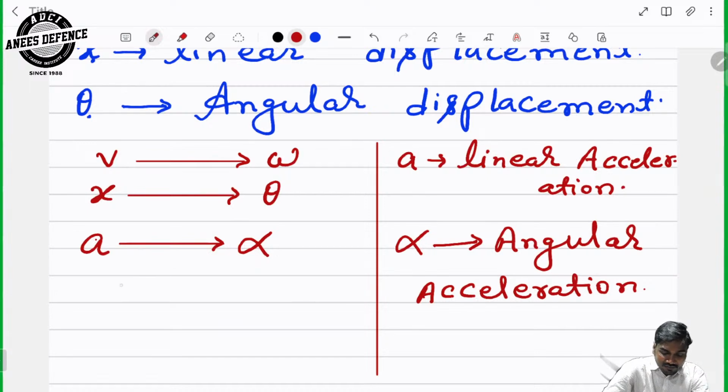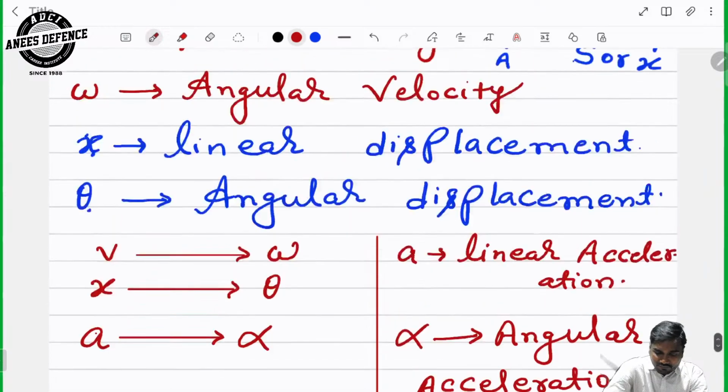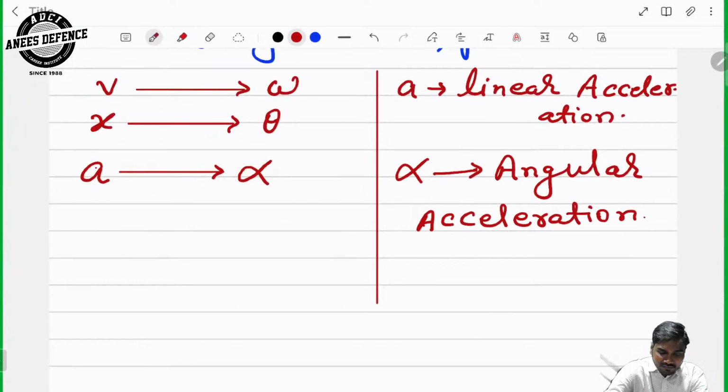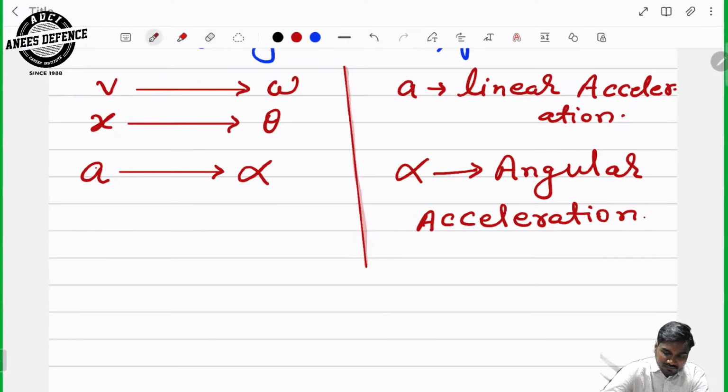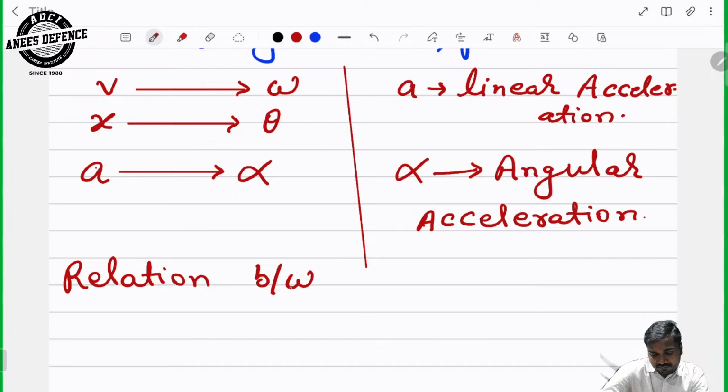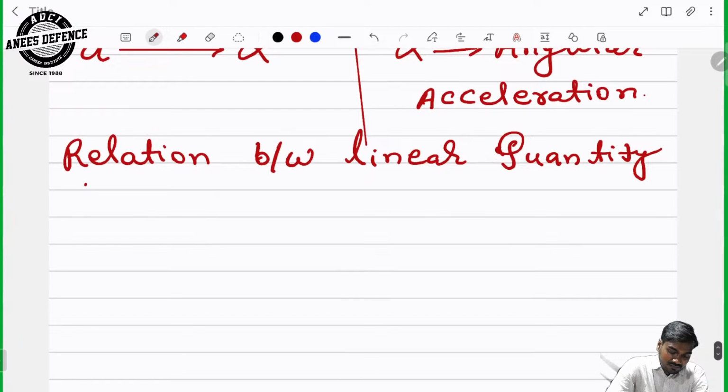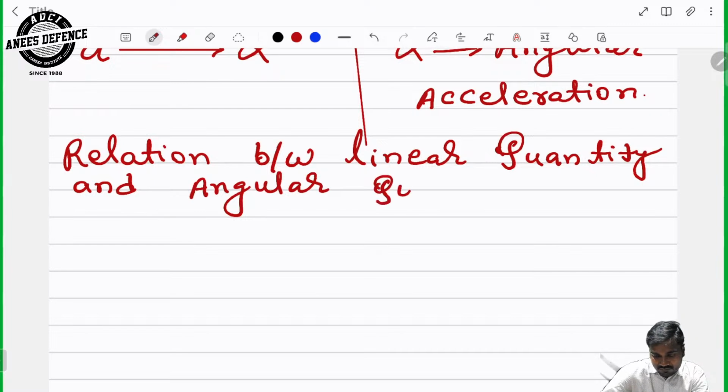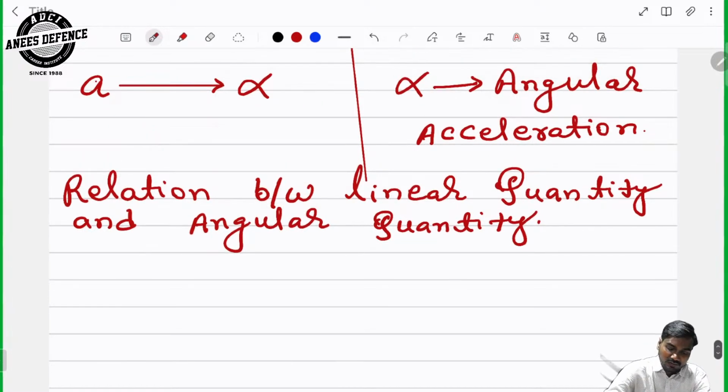Okay. Now next, the relation between linear quantity and angular quantity.